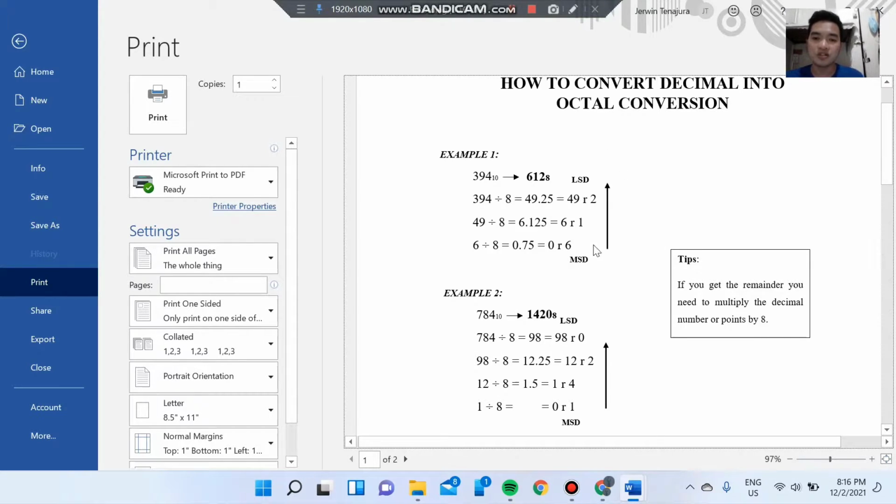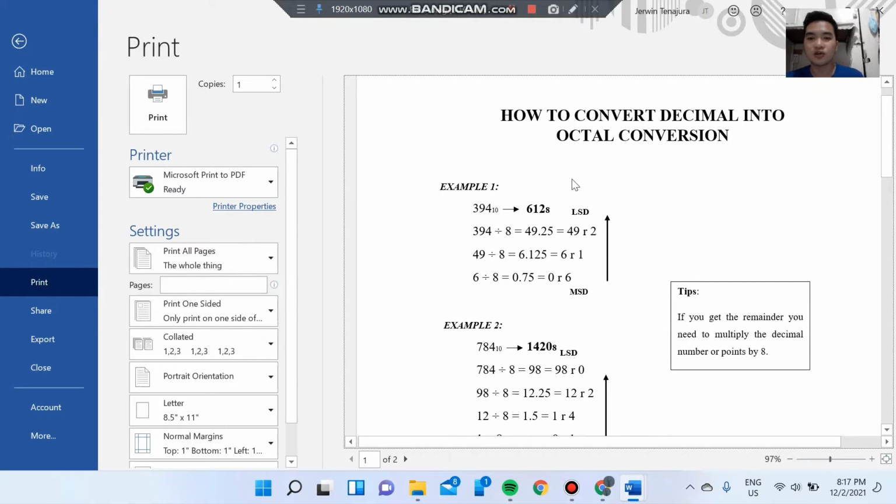It means this 6, 1, and 2 is our result in the octal conversion. It means the decimal value 394, when we convert it to octal, the result is 612. And that is how you convert from decimal into octal conversion.